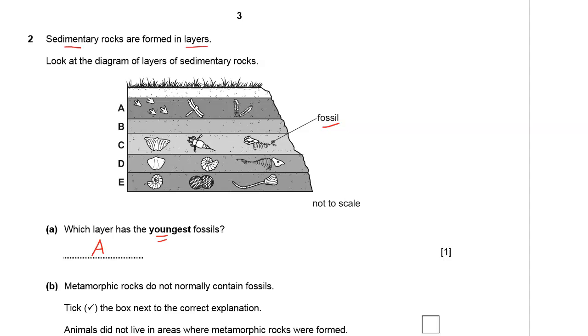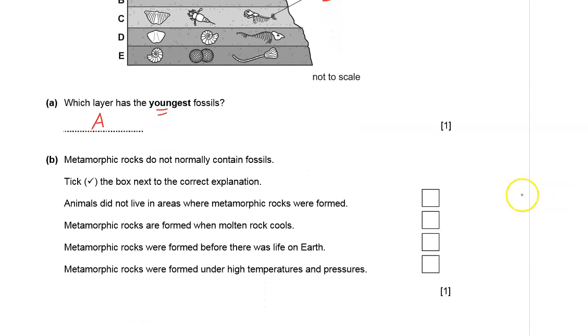Part B, metamorphic rocks do not normally contain fossils. Tick the box next to the correct explanation. Animals did not live in the area where metamorphic rocks were formed. That's not correct.